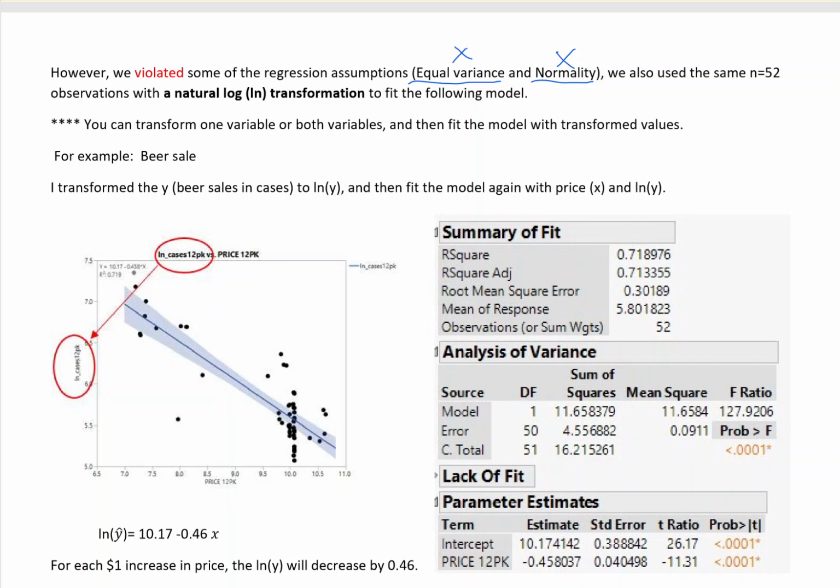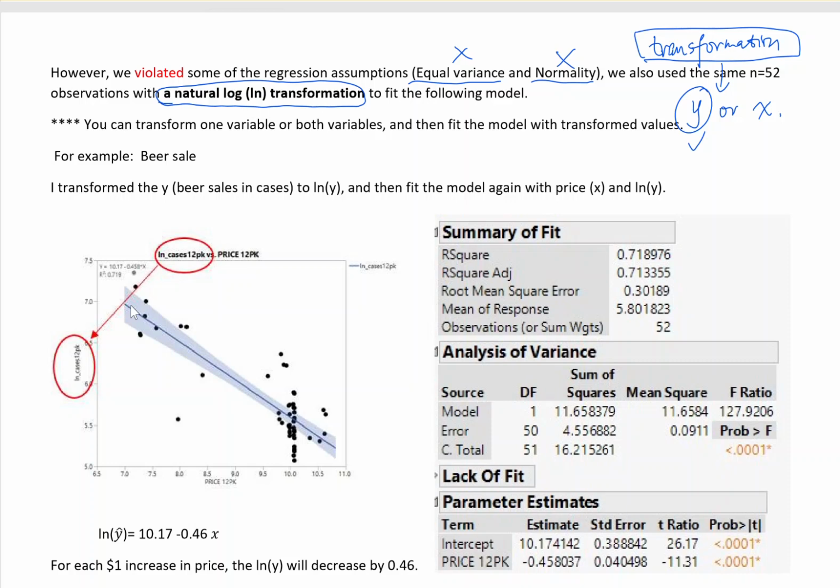The most common way to try something else is to make a natural log transformation. Normally we do the transformation on y, but sometimes it can also be done with x. So most of the time we do the transformation on y.